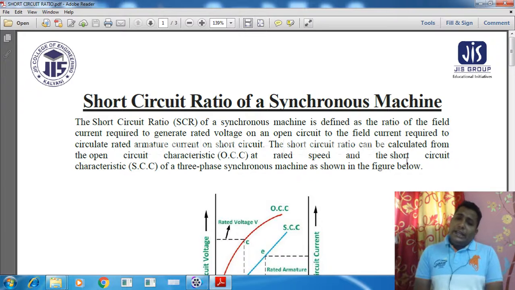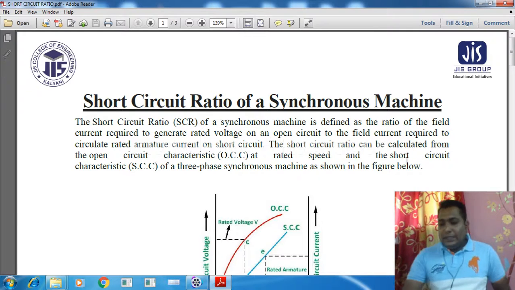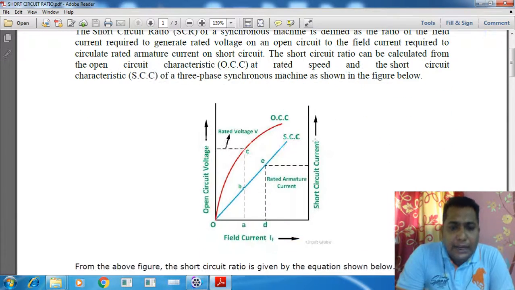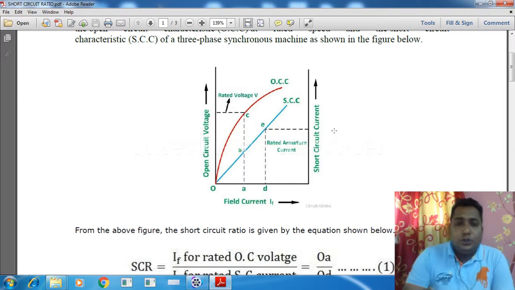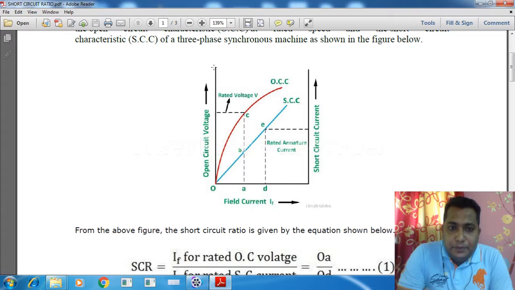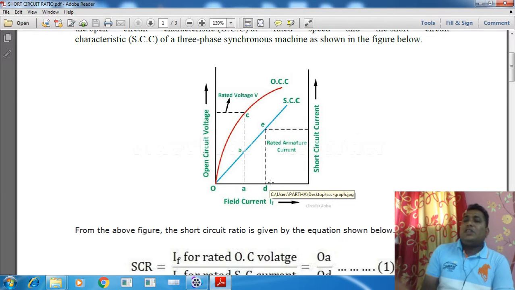So the short circuit ratio can be calculated from the open circuit characteristics at rated speed and the short circuit characteristics of the three-phase synchronous generator. As you can see, there is a diagram representing both characteristics. Follow my pointer. The x-axis represents the field current for both characteristics.